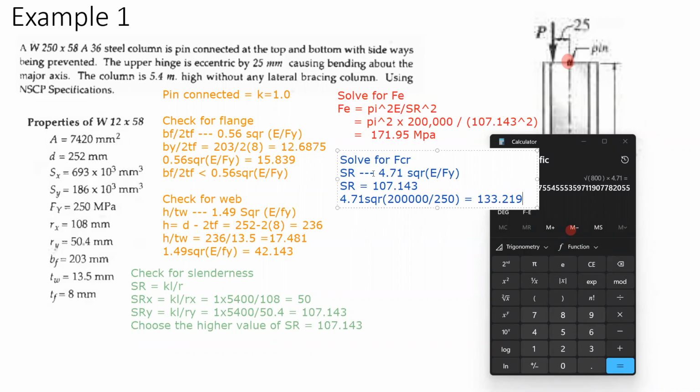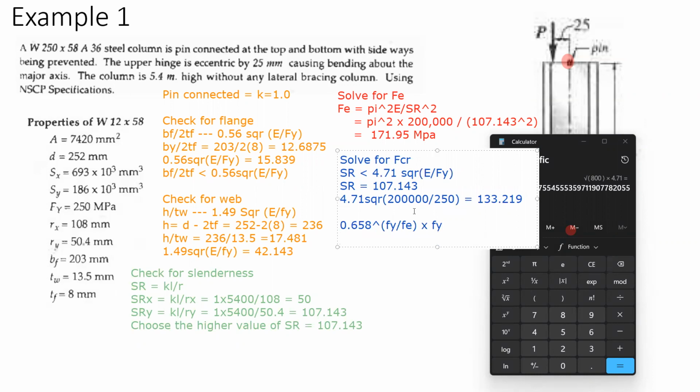So this is now less than. At dahil less than siya, ang gagamitin nating value is equal to 0.658 raised to Fy over Fe times Fy.